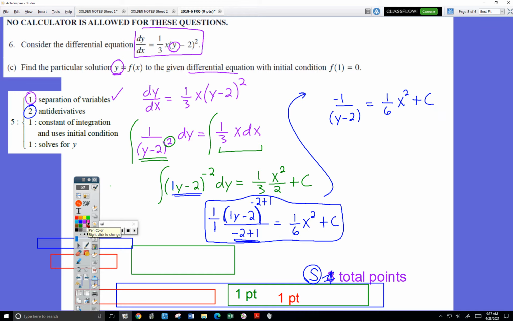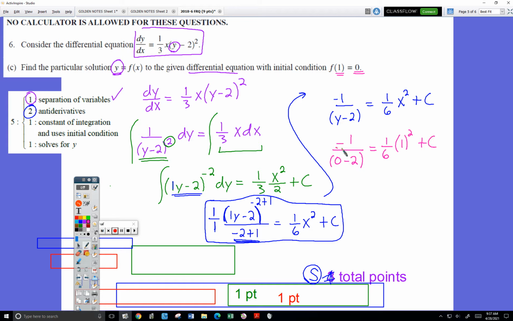So now we're ready to constantate. So we write negative 1 all over a y value of 0, subtract 2, must equal 1 over 6, an x value of 1, plus c.